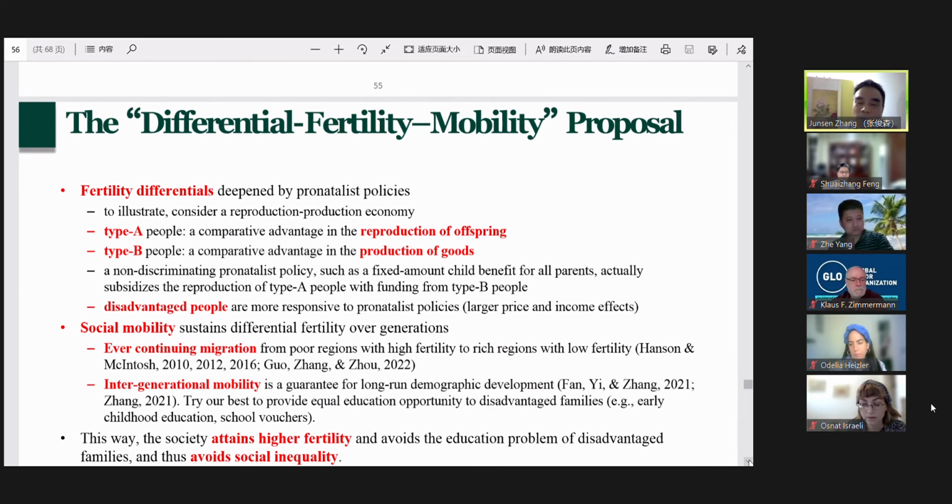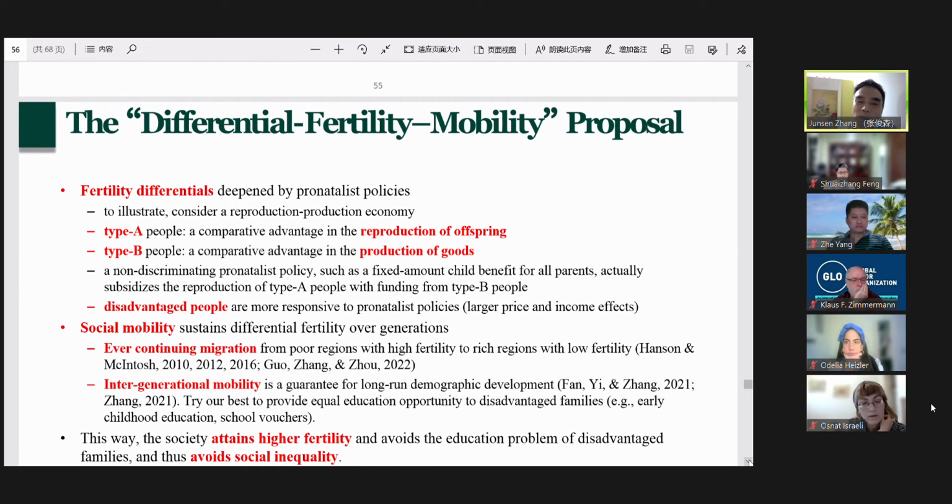So if we design appropriate incentives, which we call birth incentives, and also social security, if we subsidize the poor people more to have children, poor people would respond more to financial incentives, right? So poor people have a comparative advantage in having children.